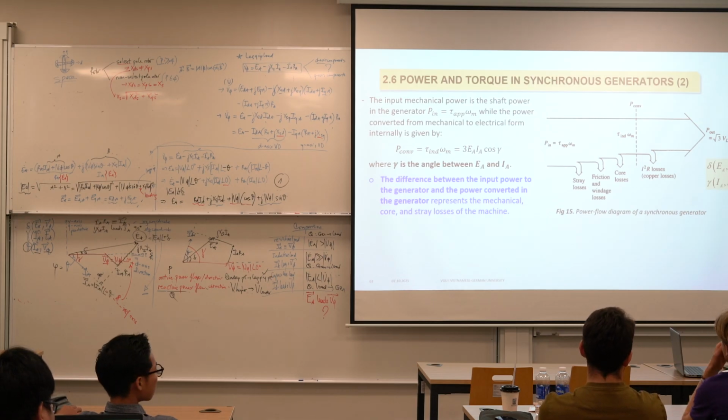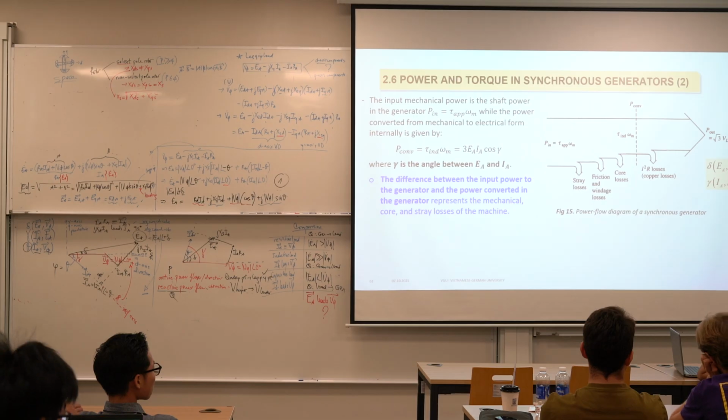Now, how many power losses do we have? Four, right? Copper losses, mechanical losses, stray losses and core losses. So now we have 1, 2, 3, 4. Remember that the power will flow from the rotor to the stator.